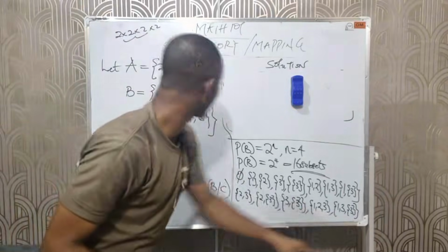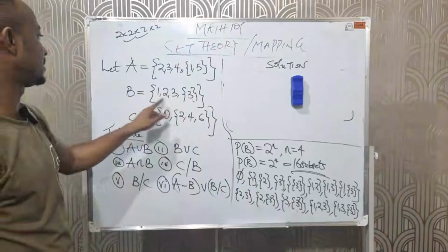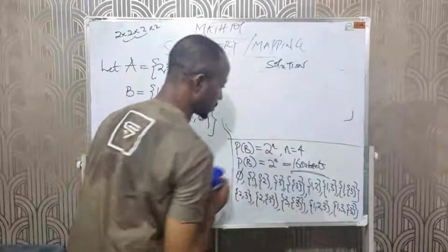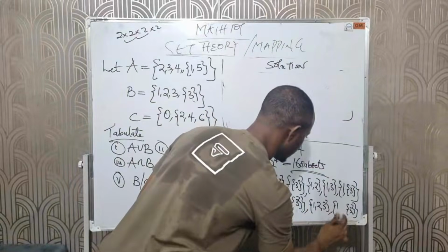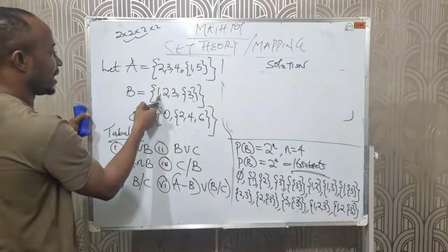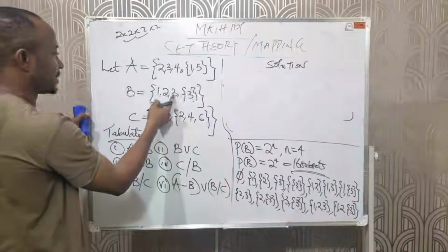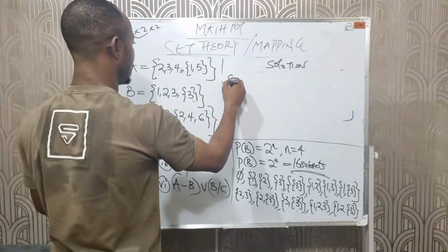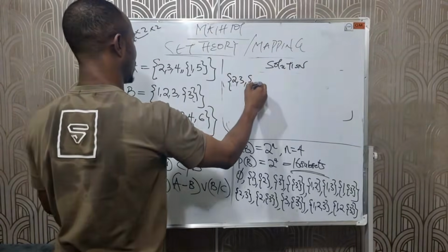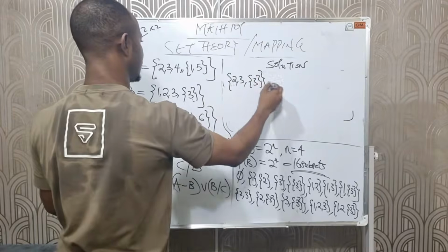Then we have 1, 3, and set 3. But we don't have 1, 2, and set 3. That would have been the first. 1, 2 first. We have 1, 2, 3, 1, 2, and set 3. Then 2, 3, and set 3.